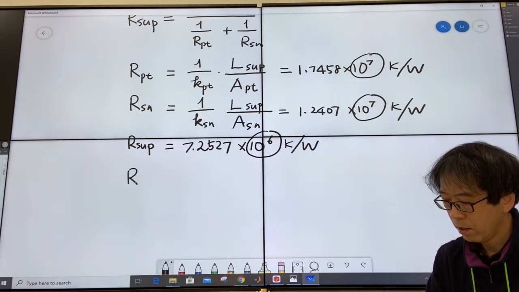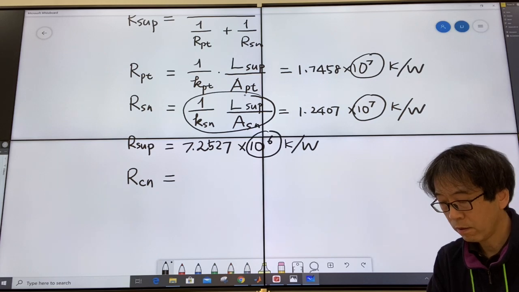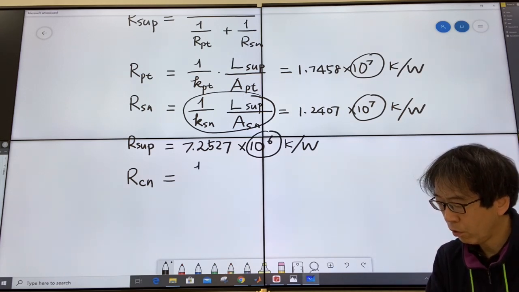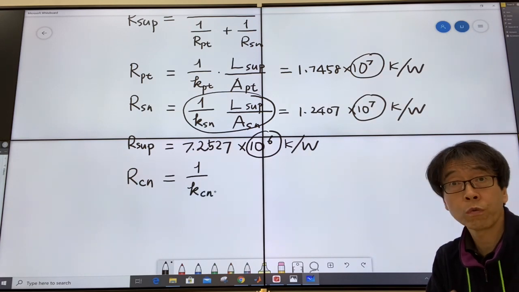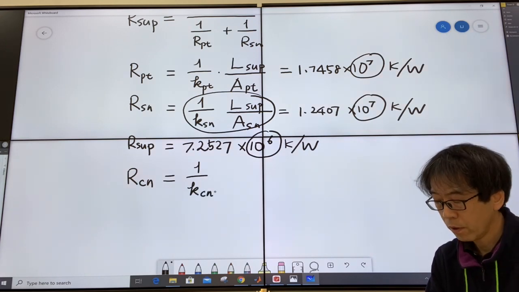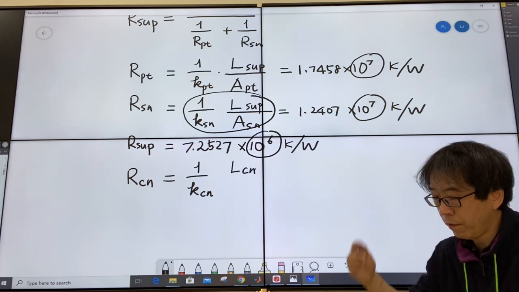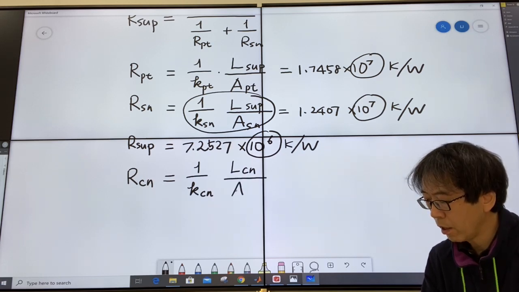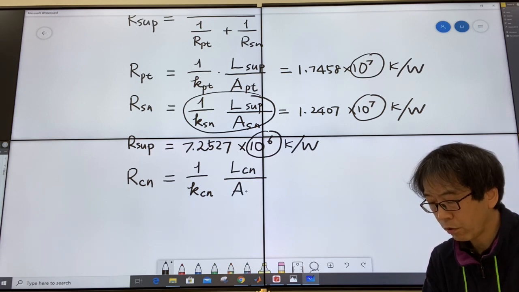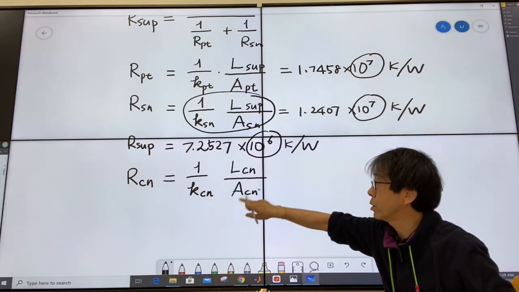Our carbon nanotube resistance will be, following the same definition, 1 over the thermal conductivity of the carbon nanotube, which we want to know, times the length of this carbon nanotube, which was 5 microns, if you take a look at your textbook, and the area of the carbon nanotube, which we can calculate, obviously. So we know this, but we don't know this.